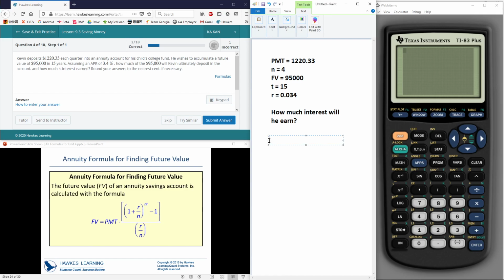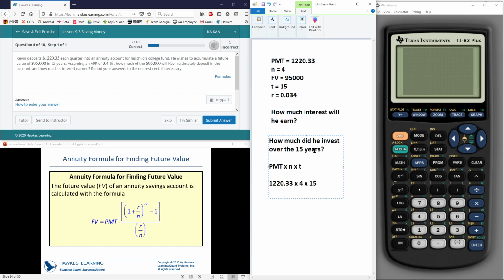He put that in every quarter. So let's calculate. How much did he invest over the 15 years? Well, let's see. He is making 1220.33 payments. So the payment times n, because he's making quarterly payments, times the time, which is 15 years.